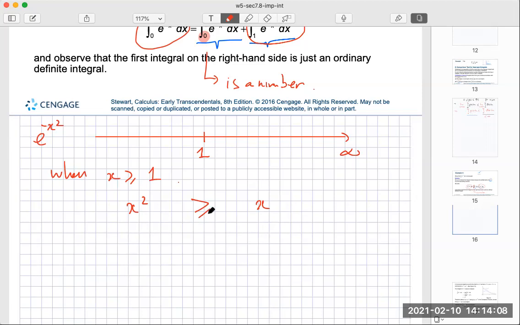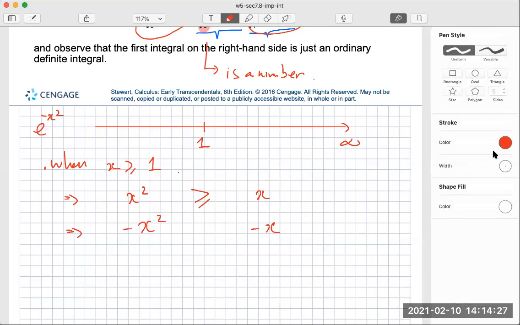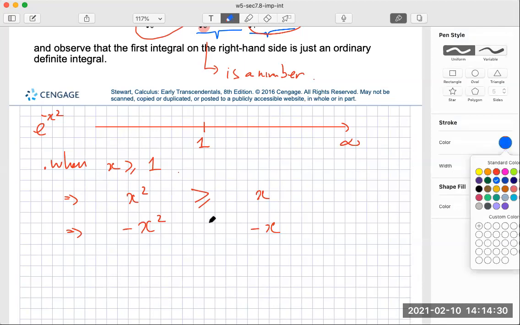Okay, very good. Then if we multiply by a negative number, for example -1, what does it become, smaller or larger?